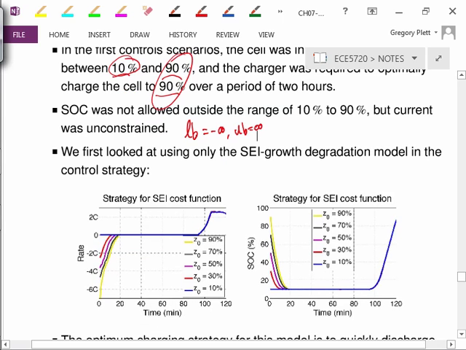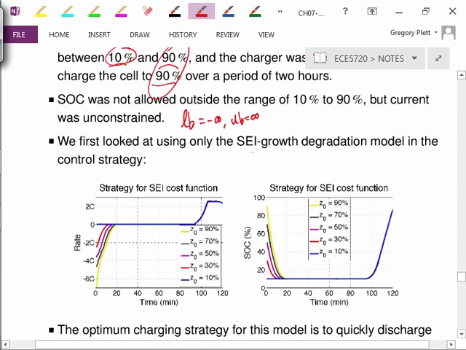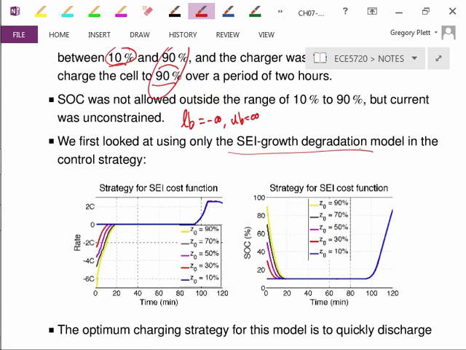In the first set of results, we look only at the SEI growth degradation model. On the left-hand side, we see a plot of current versus time, and it's normalized to C rate. So 2C means a 2C current rate, and minus 2C is negative 2C, and so forth. The different colored lines are for different initial conditions.